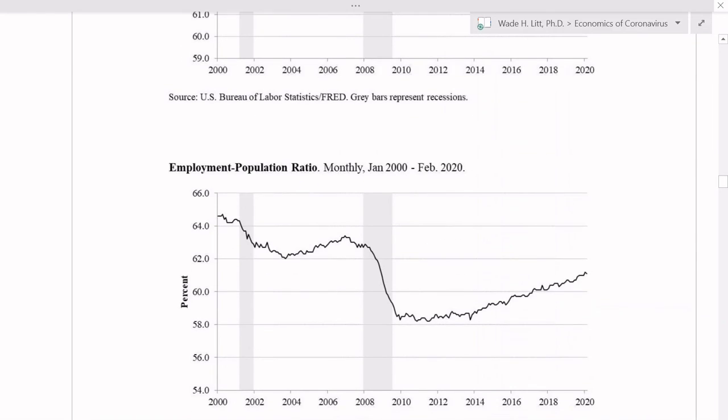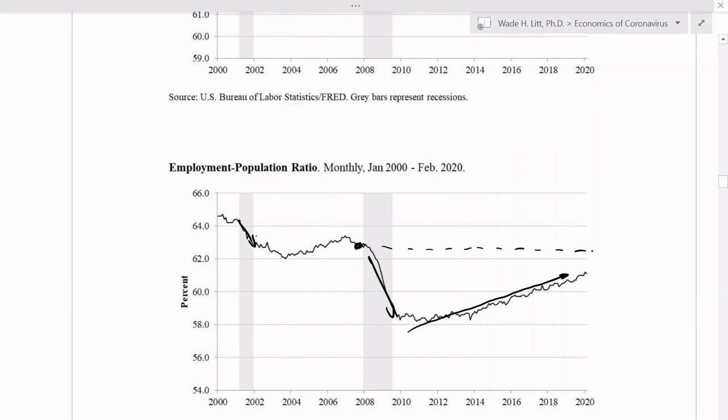And the same can be said for the employment population ratio, although it's definitely improved during this expansion. It also has not reached pre-recession levels, and so there are big dips in the recessions and then increases in the expansions, but it's still not showing quite as strong a labor market as the unemployment rate suggests.